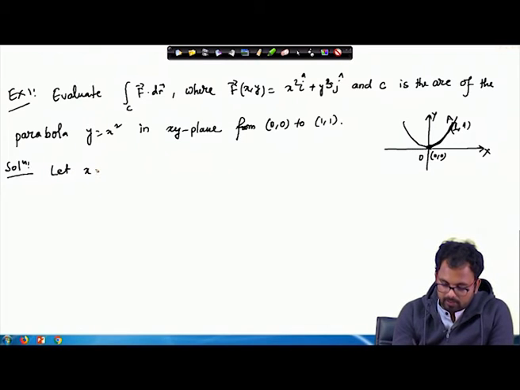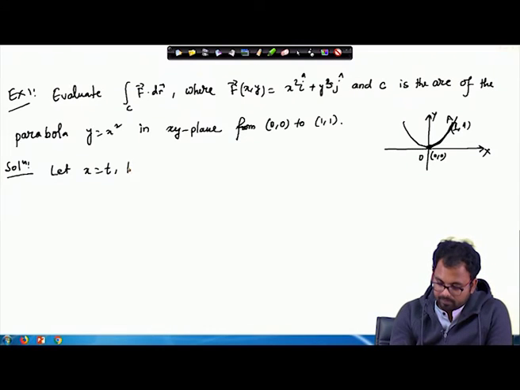So, let x equal t, and then y will be t squared.